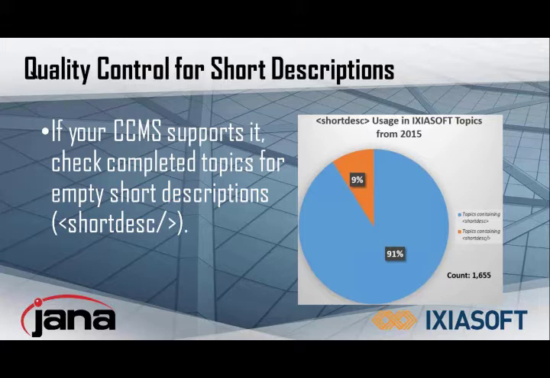And here's an actual example I did, with permission, looking over IXIASOFT's documentation set for 2015, looking at all of the new topics that have been created for documentation over that year, and I saw that, hey, it's a pretty good rate. 91% of all of our topics have short descriptions. This is a definite thumbs up. This is a really good thing.